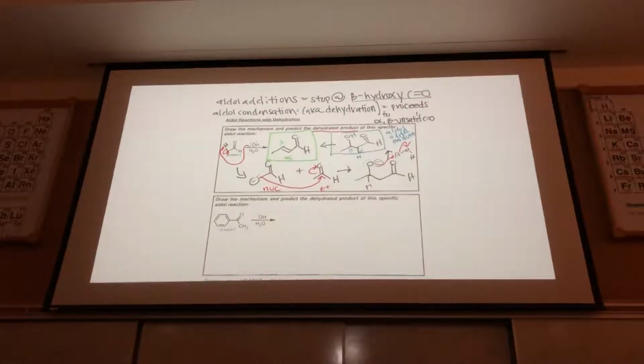So as you can see, water is gone. We lost the OH and the alpha H that was there. So the green box illustrates our dehydrated product.